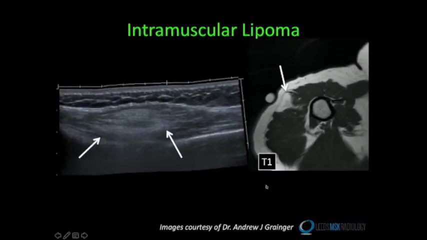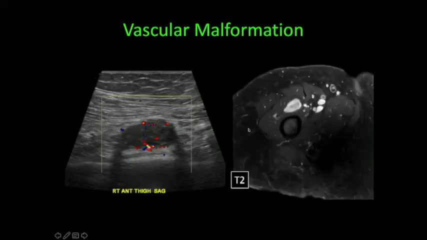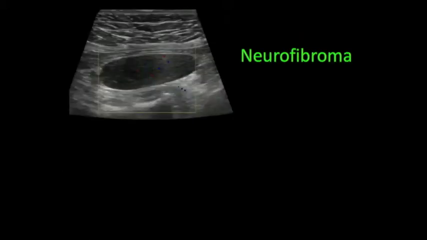Other masses you can see in muscle, so this is an intramuscular hematoma. These can have a variety of appearances, but usually more echogenic, and this was confirmed with MRI. This was a patient who'd had a prior vascular malformation, and you can see that there's this hypoechoic mass with some color Doppler flow, and again, to prove this, we got an MRI. This was very bright on T2.